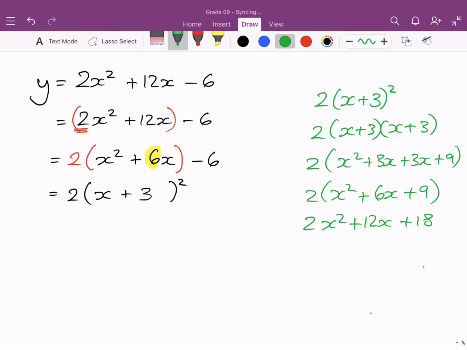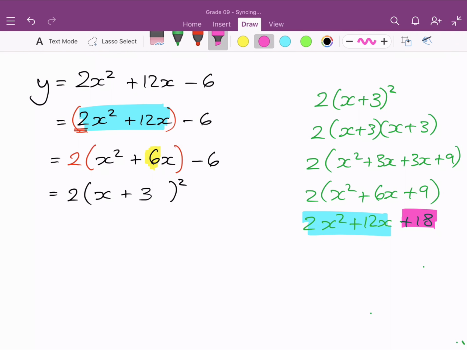And if we go back to the very first place where we put our parentheses, and we saw our 2x squared plus 12x, have we got 2x squared plus 12x? Yes, we have. So what we need to do here is take our 2x squared plus 12x, and we want to get rid of the extra bit, which is this plus 18.